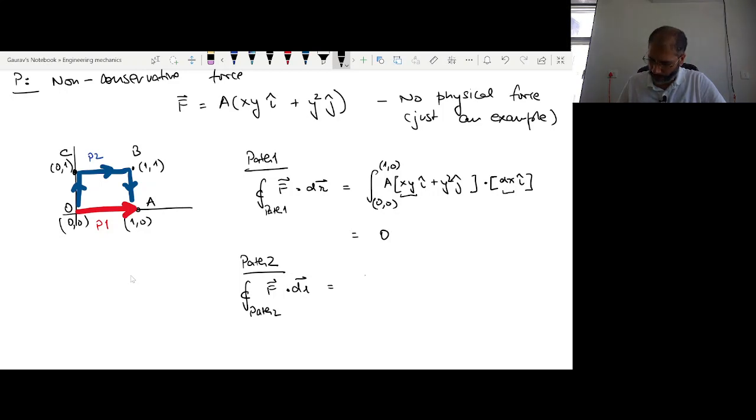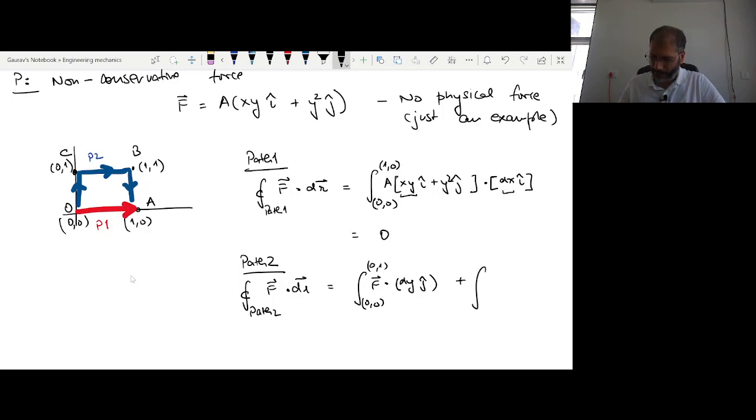So this becomes a straight integral from (0, 0) to (0, 1) of F dot dr. F is the same, and dr in this case is only in the y direction. There is no i hat for this vector dr.